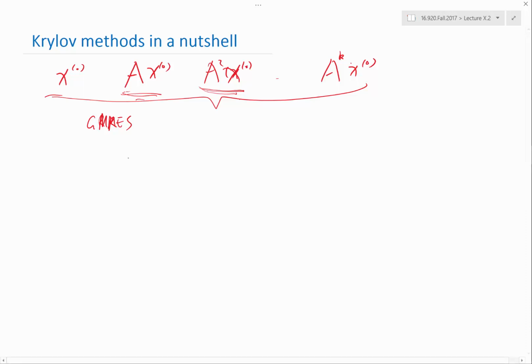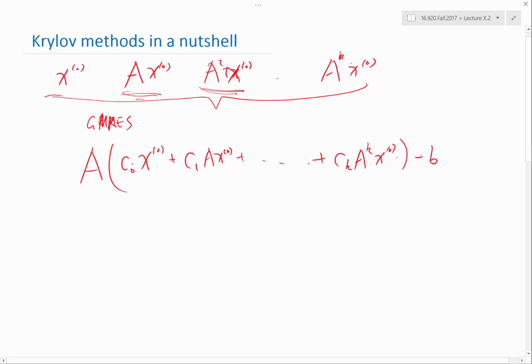And then you are looking for C0 times x0 plus C1 times Ax0 plus etc. plus Ck times A^k x0, so that it minimizes the residual. So A times this minus b is minimized.